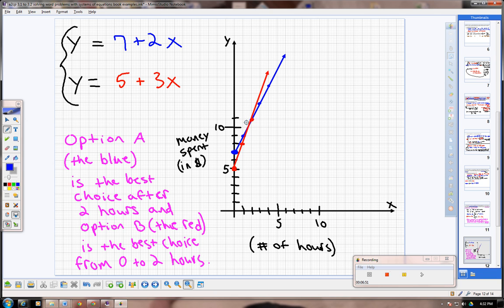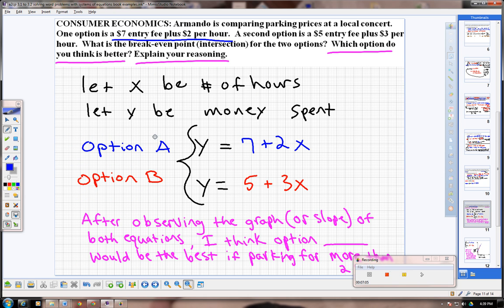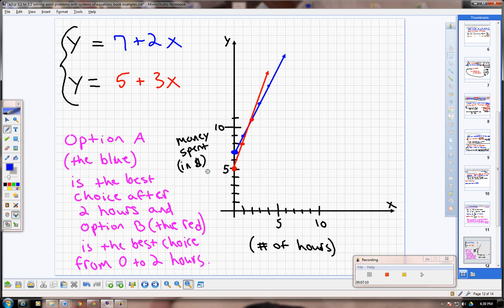So after 2 hours, one of the options is going to be more expensive. Because remember, what does Y represent? Because we made this a two-variable system, Y represents money spent. So our money spent is going to be greater all the time beyond 2 hours if we choose option B.